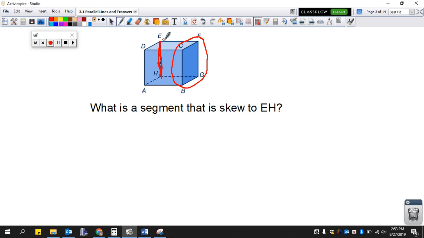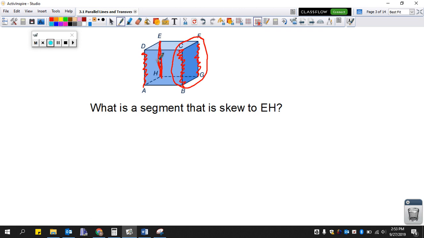Well, remember, it cannot be parallel, because if it's parallel, you can draw a plane through it. So that takes care of CB, takes care of FG, takes care of DA.